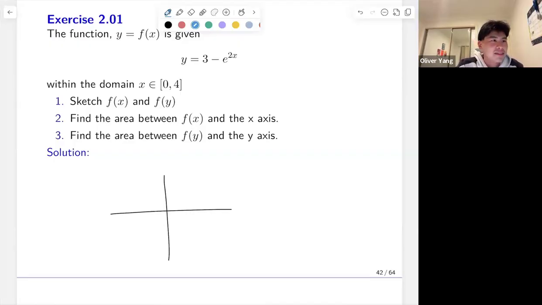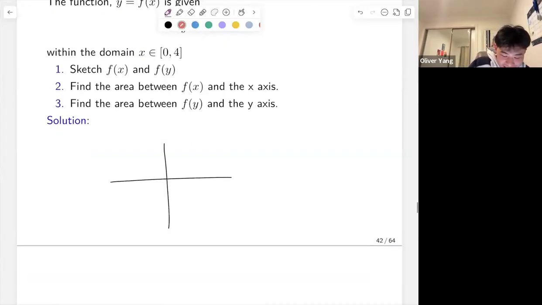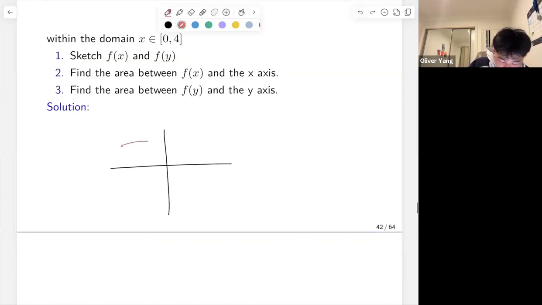Does anyone want to have a go? Flipped graph with translation. Yes, there's the vertical translation, but how are we flipping it? It kind of looks like this, right?